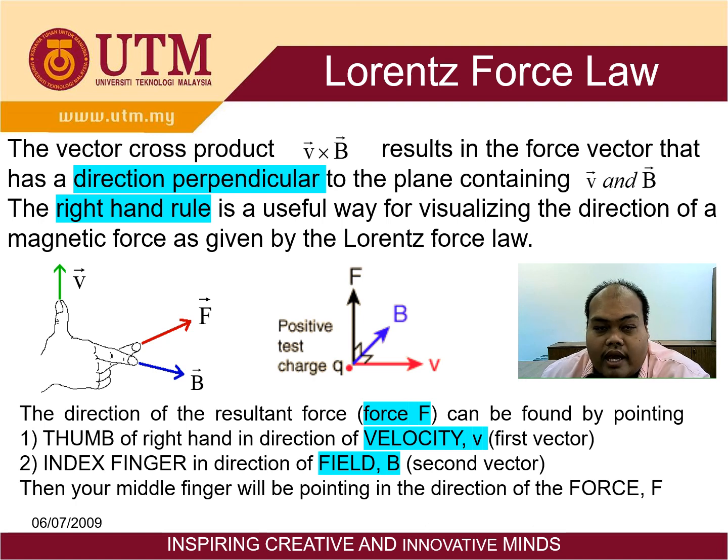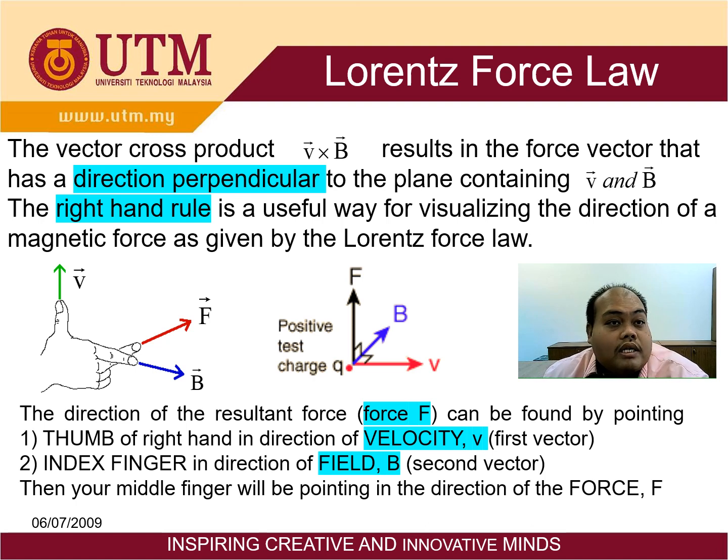If it is at an angle less than 90 degrees, the force will be reduced, and if the velocity is in the same direction as the magnetic field, the force is 0.